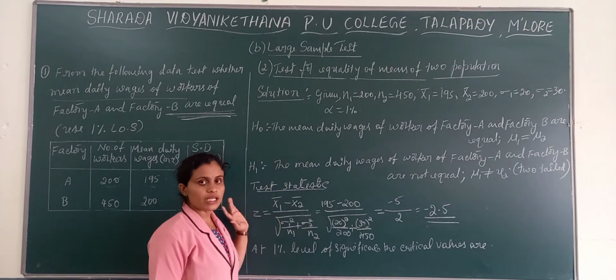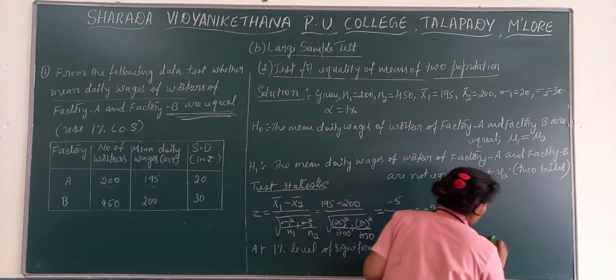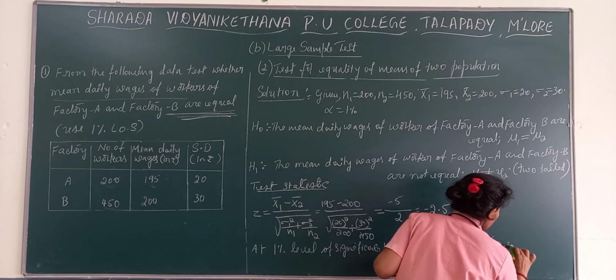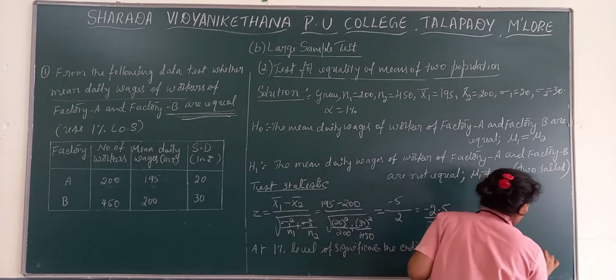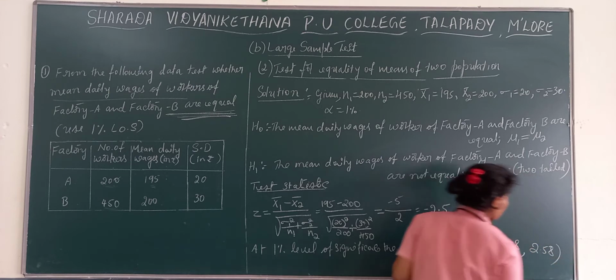Since it is a two-tailed test, we need to take two values, that is minus 2.58 and positive 2.58.